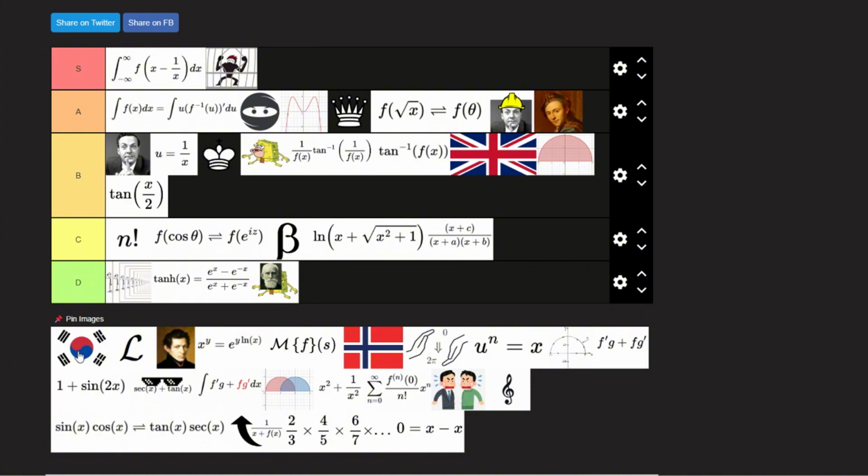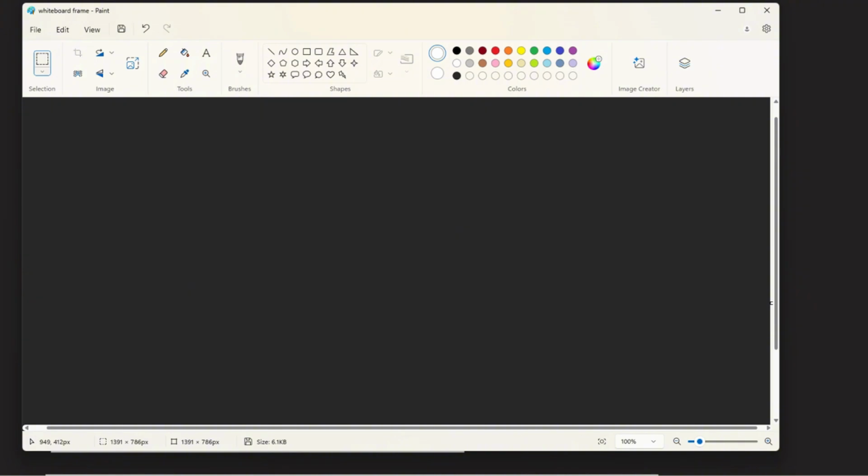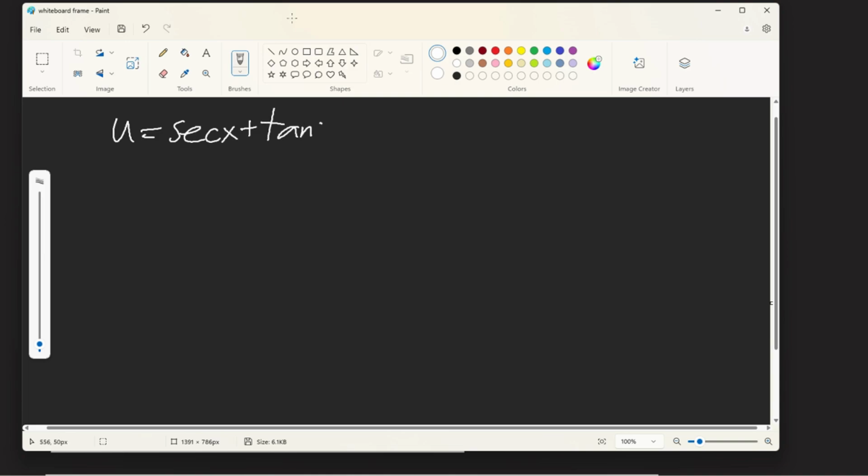Okay, Korean substitution. Let me show you that one. Korean substitution derives from, if you remember, the secant trick, right? Letting u equal secant x plus tangent x. So this is the secant trick.